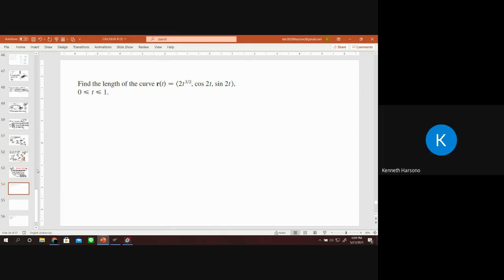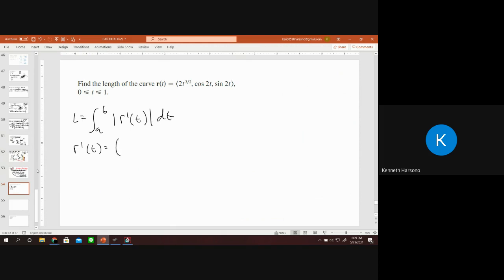Okay, let's directly discuss this one. So the length of the curve is the integral from a to b of the magnitude of r prime(t) dt. This is the formula, right? So we can just differentiate r.